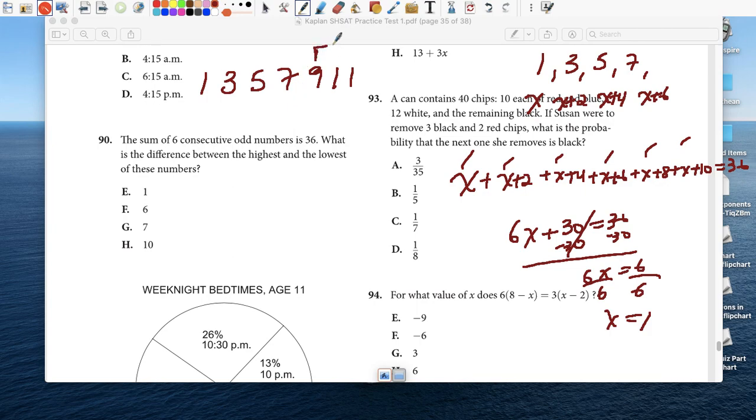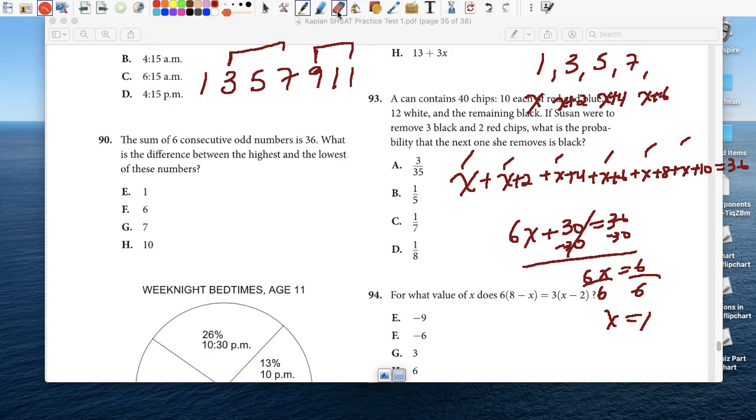Just double check. 9 and 11 is 20, 3 and 7 is 10, so that's 30 plus 6, 36.